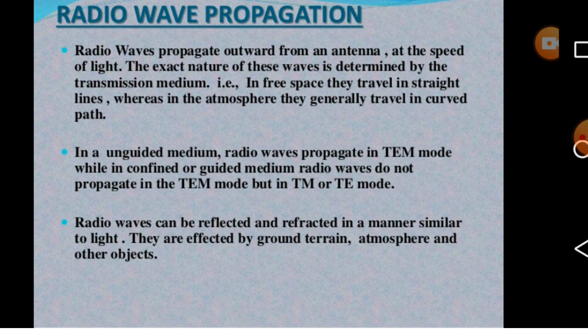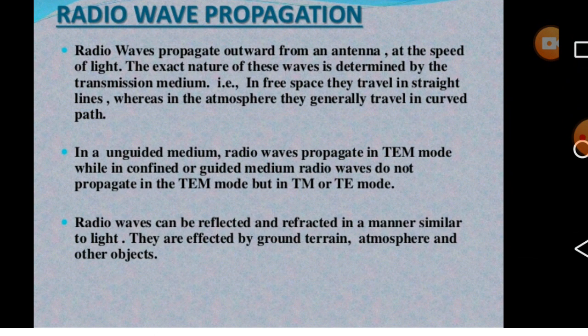Radio waves propagate outward from an antenna at the speed of light. The exact nature of these waves is determined by the transmission medium. That is, in free space they travel in straight lines, whereas in the atmosphere they generally travel in curved paths.